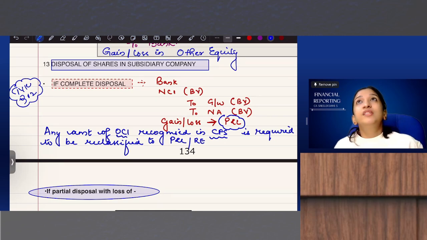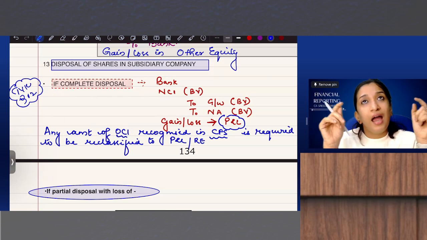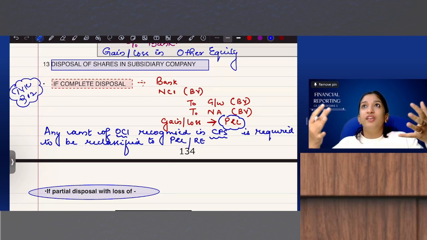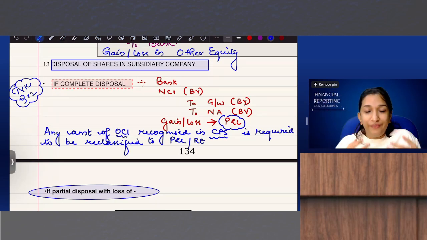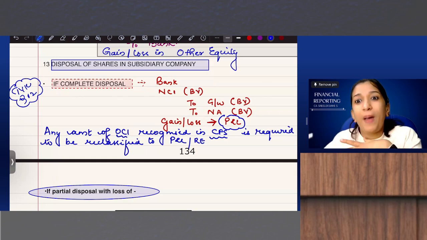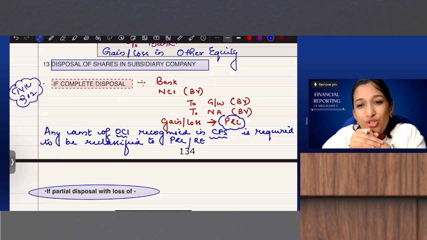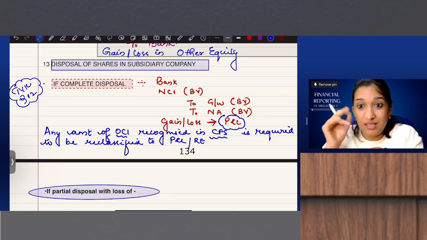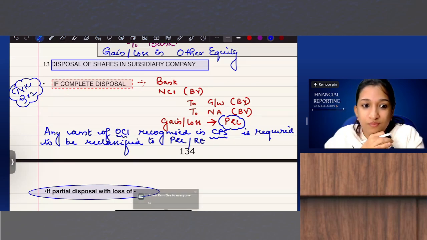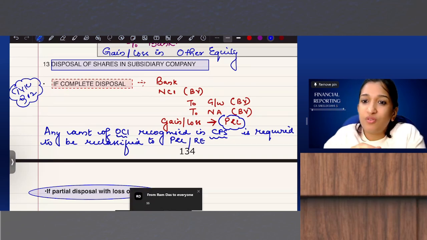See, if it is complete disposal, it's just the opposite of consolidation. At the time of business combination, I pass the journal entry: net assets debit, goodwill debit, to NCI, to bank. Yes or no, guys? That is the entry we had passed in business combination. So same thing, just reverse.